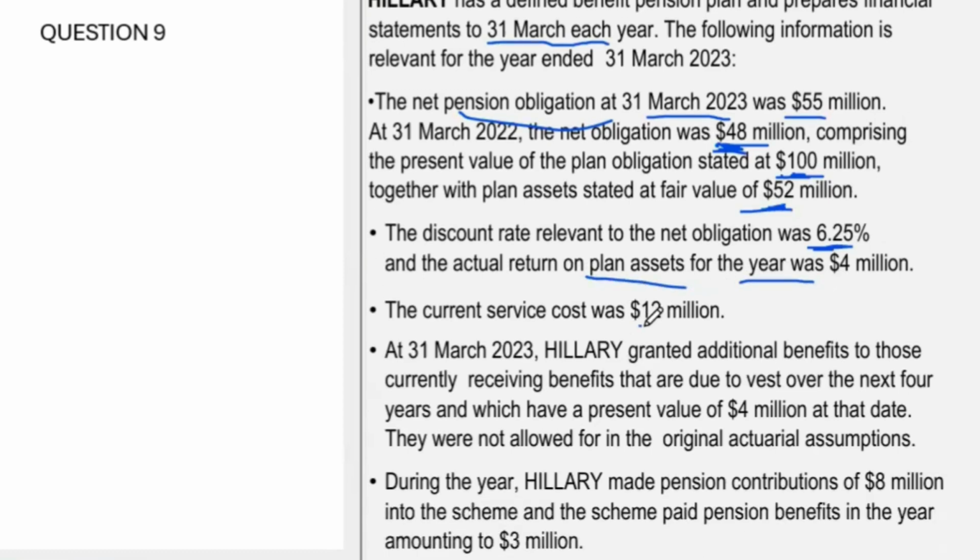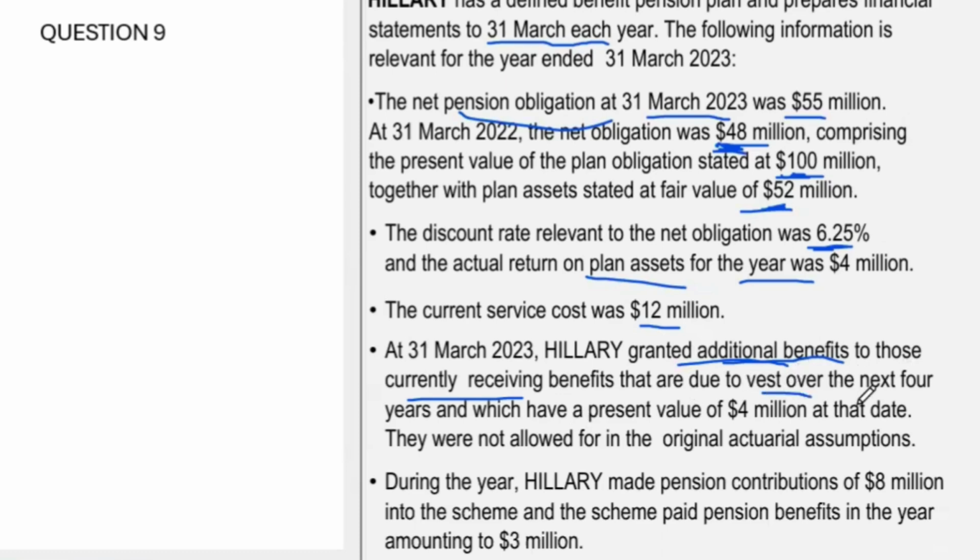Current service cost 12 million. At the first of March 2023, Hillary granted additional benefits to those currently receiving the benefit. So when you hear this, they granted additional benefit is plan amendment. Plan amendment. You can check the main video. Additional benefit. So plan amendment.